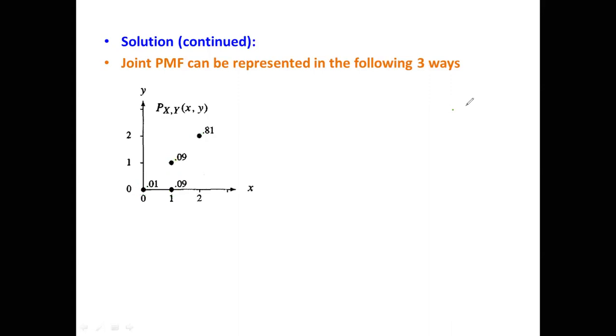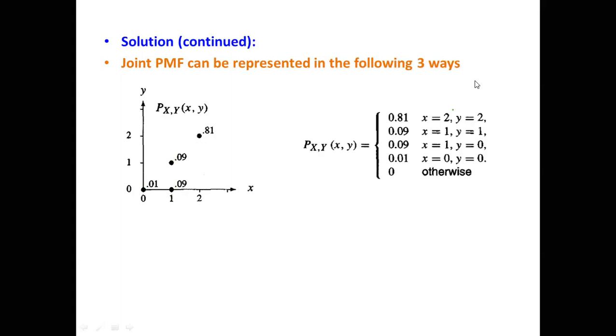But some people prefer to write it in this way. In this way there is a combination of X and Y, and also there is a probability. We know that there are four combinations, and then you have to write zero otherwise.